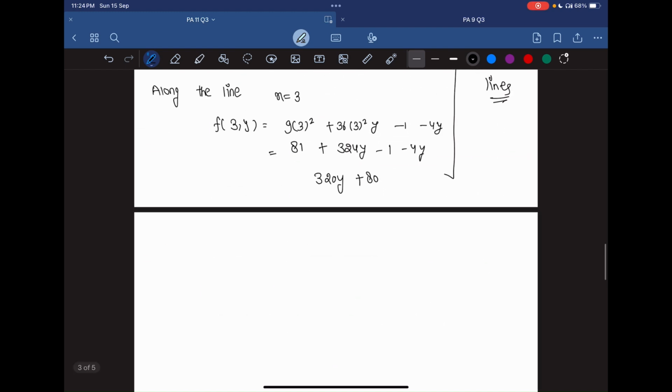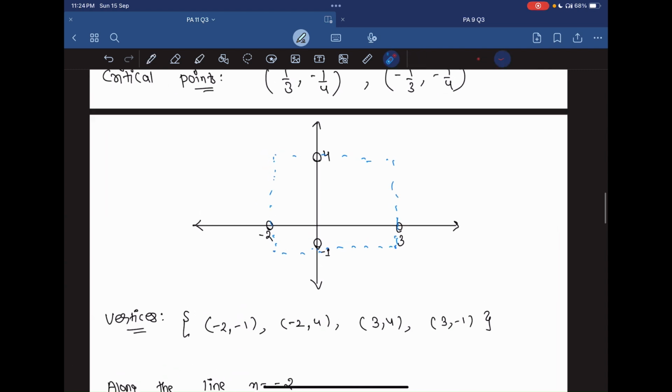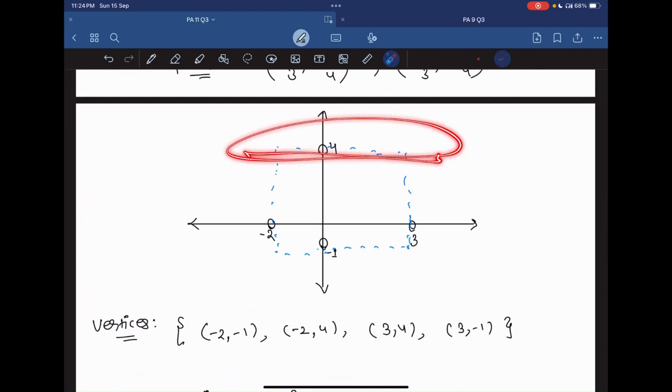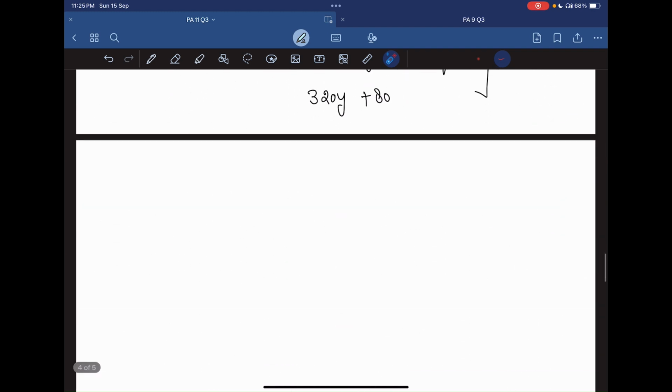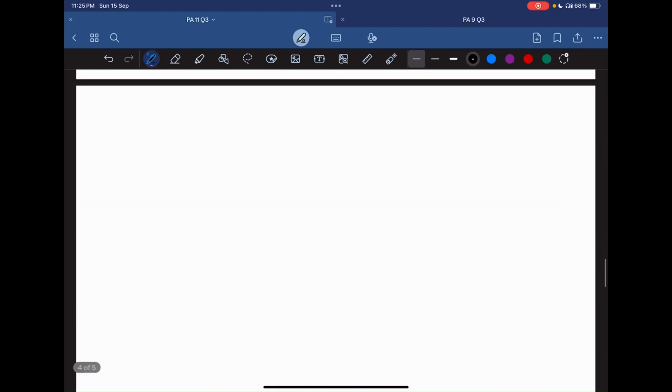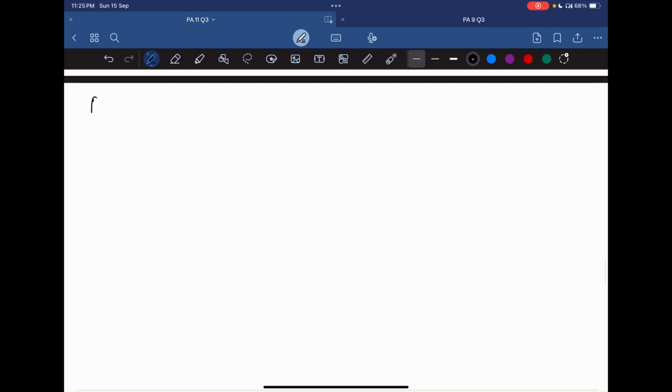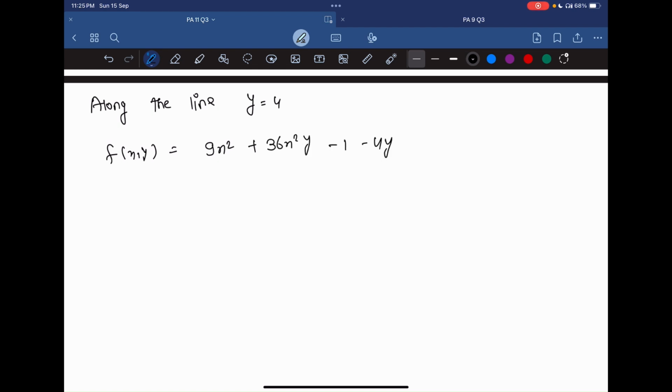Now let's look at along this line. So the equation of this line would be y equal to 4. So our function was 9x square plus 36x square y - 1 - 4y.